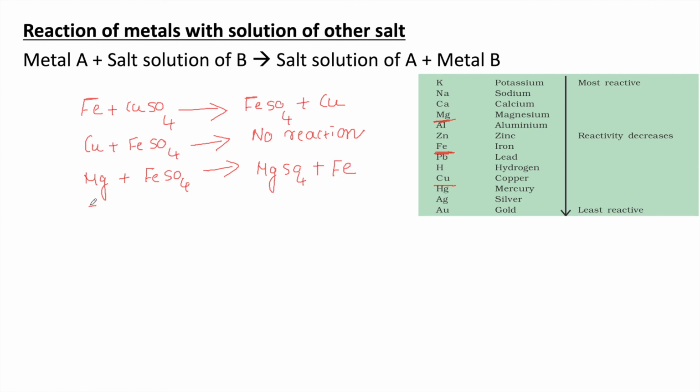In the same way, if I write iron plus magnesium sulfate, iron is less reactive than magnesium. So it cannot displace magnesium from its salt solution. So here, no reaction. This is the way metals displace other metals from their salt solutions.